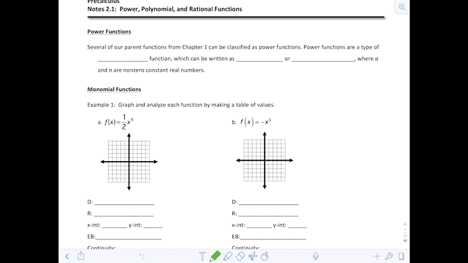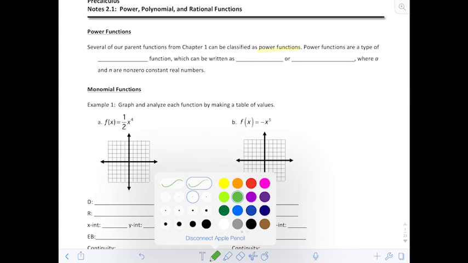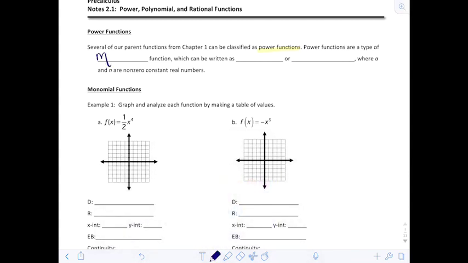So a power function, they are types of monomial functions. And if you remember, monomial means they just have one term. There's no addition or subtraction. And monomial functions can be written a couple of ways.